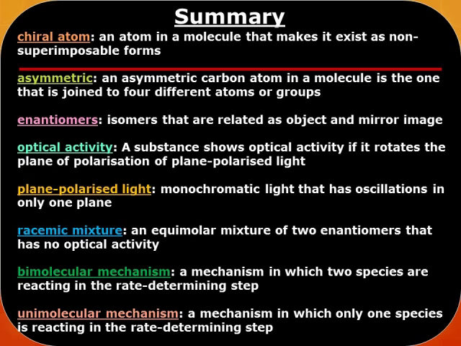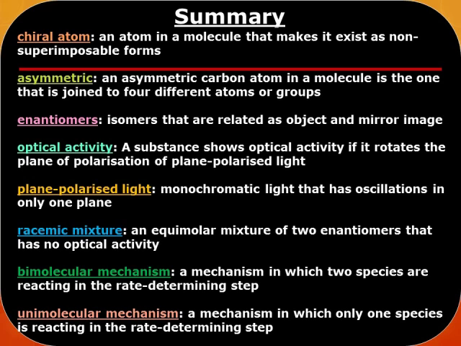Optical activity: a substance shows optical activity if it rotates the plane of polarization of plane polarized light. Racemic mixture: an equimolar mixture of two enantiomers that has no optical activity. And plane polarized light: monochromatic light that has oscillations in only one plane.